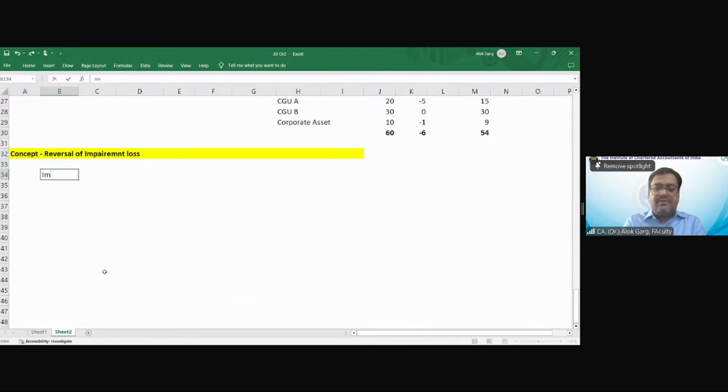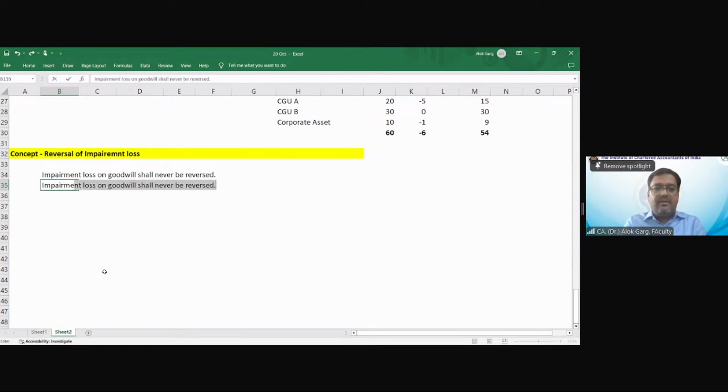Impairment loss on goodwill shall never be reversed. Okay.